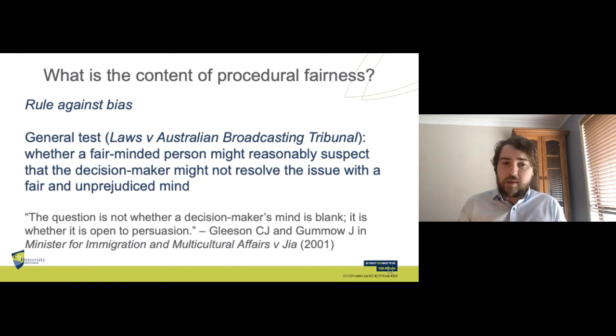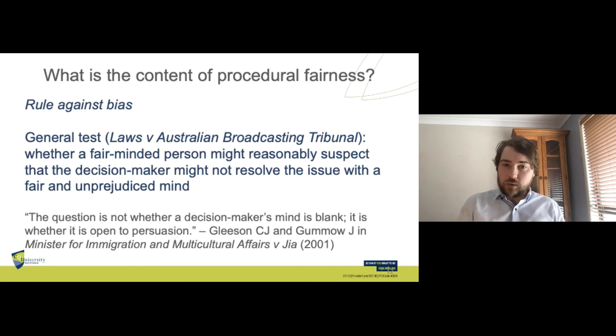So in Laws and the Australian Broadcasting Tribunal, there were a few things going on at the same time. John Laws was a radio presenter and a bit of a shock jock. He made a few comments and invited listeners to call in, and some made quite racist remarks about Indigenous Australians. Several complaints were filed, including one from the Minister for Aboriginal Affairs and Legal Services to the Australian Broadcasting Tribunal.